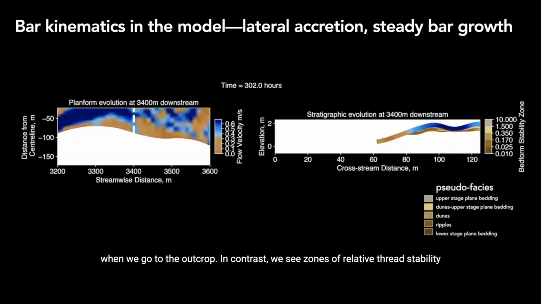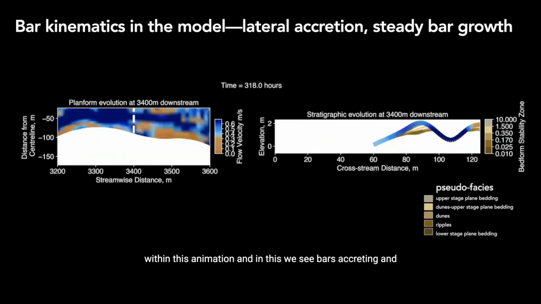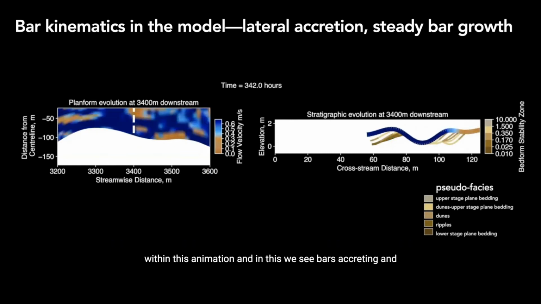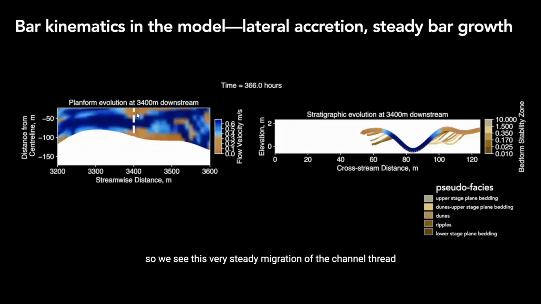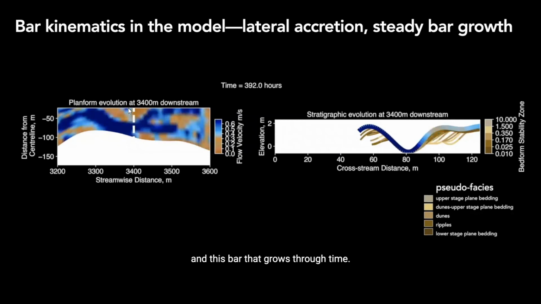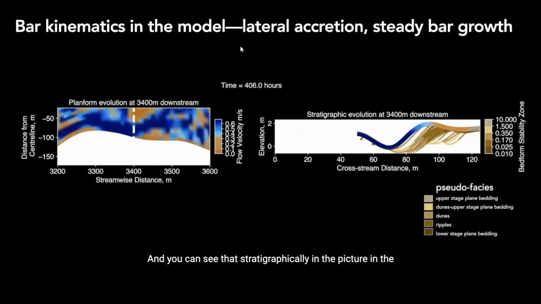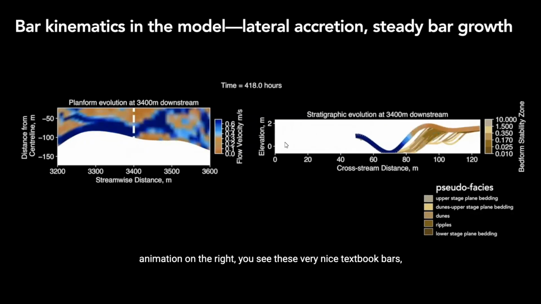In contrast, we see zones of relative thread stability within this animation. And in this, we see bars that are accreting and expanding steadily through time. So we see this very steady migration of the channel thread and this bar that grows through time. And you can see that stratigraphically in the animation on the right.